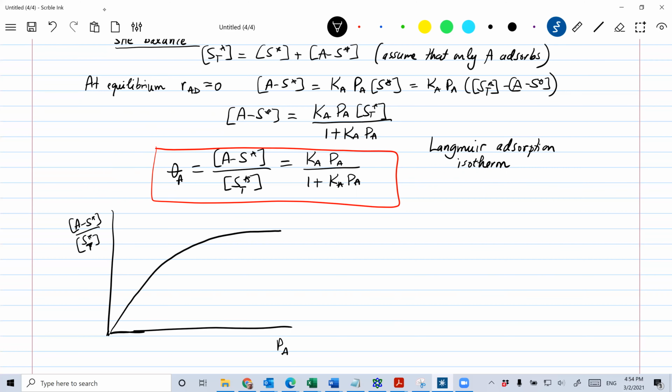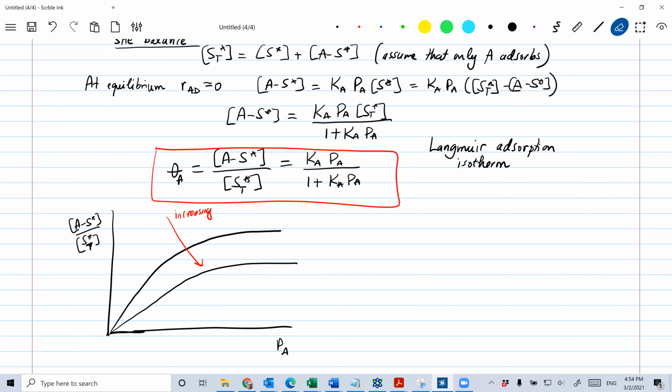But one thing you would note is that with increasing temperature, the isotherm is going to be going this way with increasing temperature because the equilibrium lowers with temperature. So the isotherm will basically change.